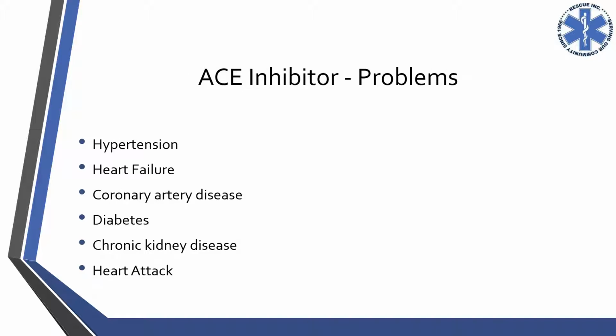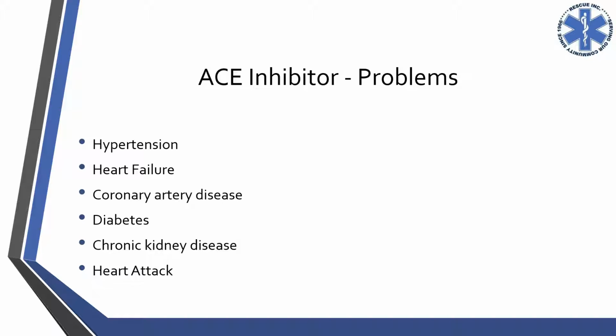So, things it's used for. Hypertension, heart failure. Because in heart failure, there's an increase in afterload, which is the force the heart has to push against. So we're going to reduce the afterload, make it easier for the heart to pump. Coronary artery disease, again, it's that little bit of relaxation, smoother flow.